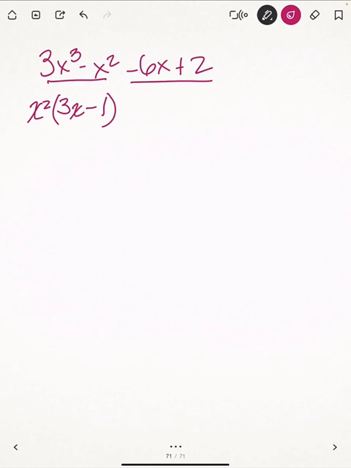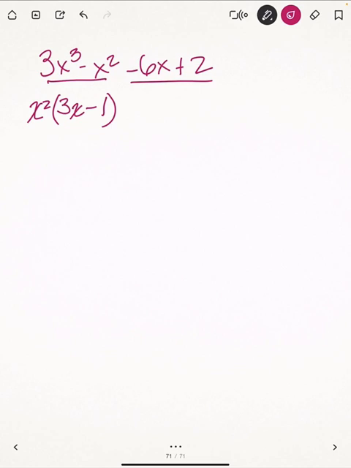Then we move on to our other two terms, negative 6x and positive 2. Because this is a negative 6, we want to pull that negative out because, remember, we want it to look like what's in the first set of parentheses. And if you notice, the first term here is a positive 3, not a negative 3. So let's look at 6 and 2.